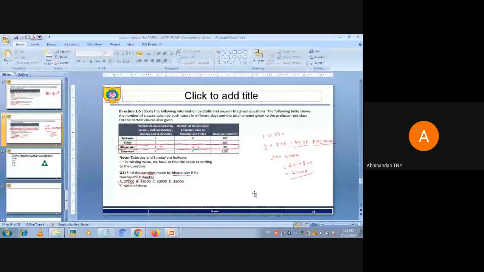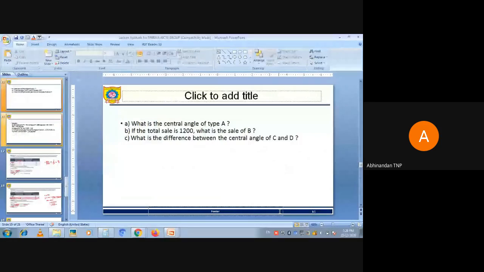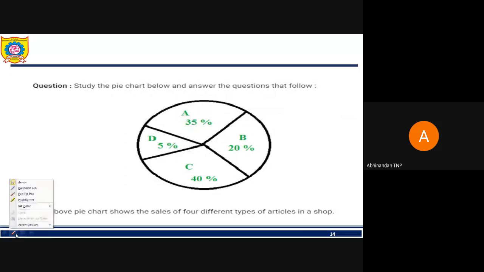Okay, then another pie graph. Study the pie graph or pie chart below and answer the questions that follow.